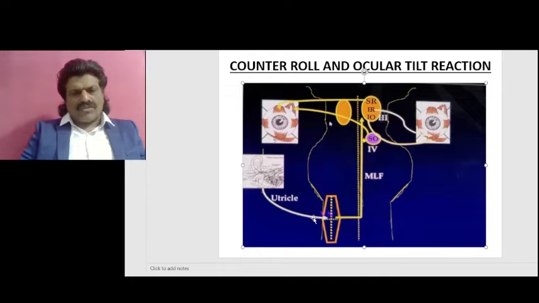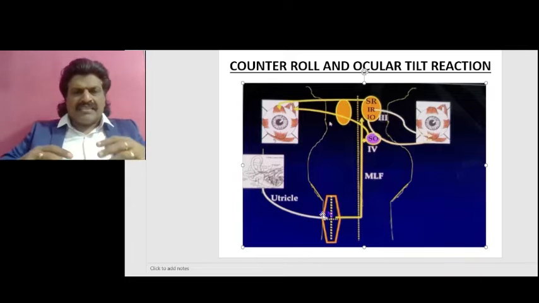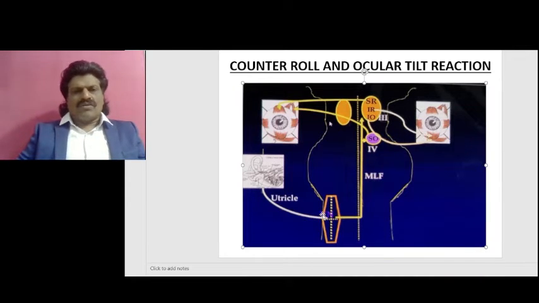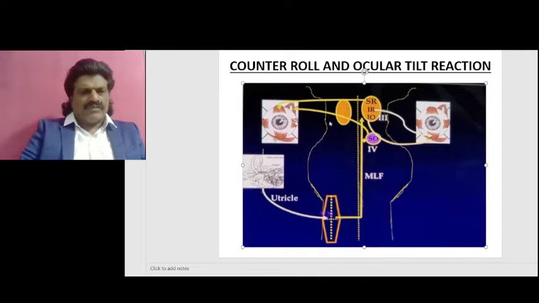So this is a very simplified diagram explaining the challenging topic of counter roll and ocular tilt reaction. The otolith pathways from the vestibular apparatus cross to the opposite side and supply the fourth nerve nucleus, which supplies the superior oblique on the opposite side.